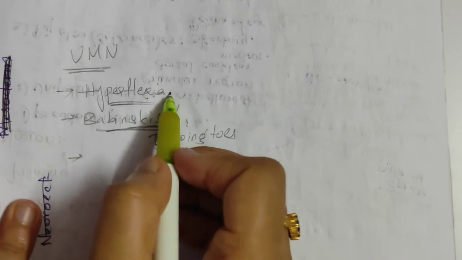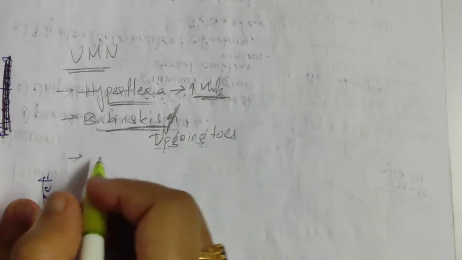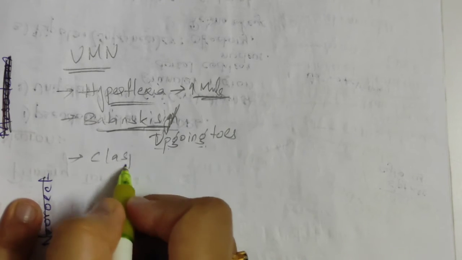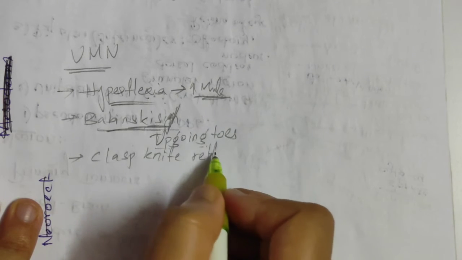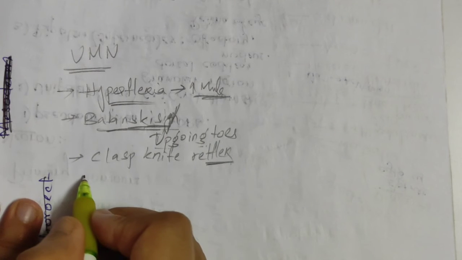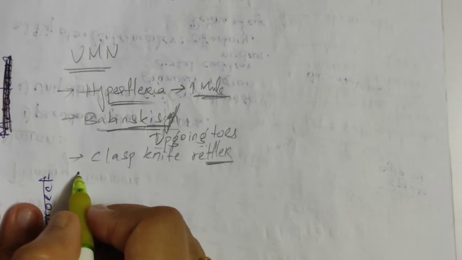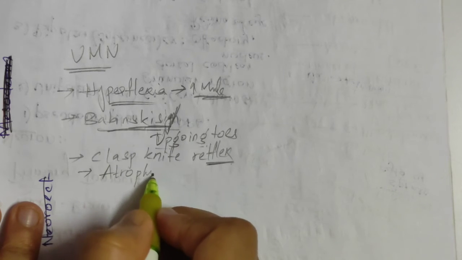And as there is hyperreflexia, we can see increased muscle tone, and we can see the clasp knife reflex, that is, an oversensitive Golgi tendon reflex. We can also see atrophy of muscles and degeneration, and decreased speed of voluntary movements.